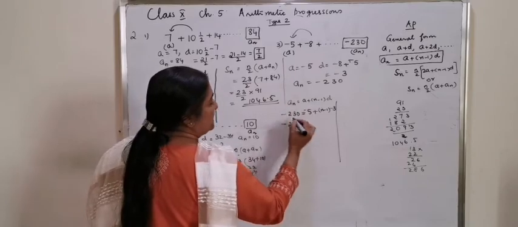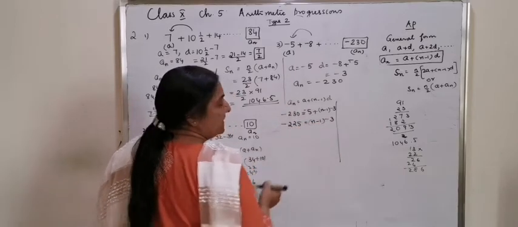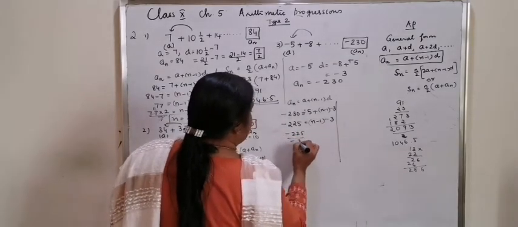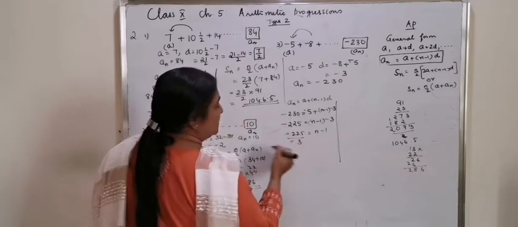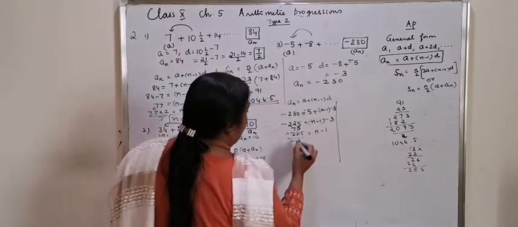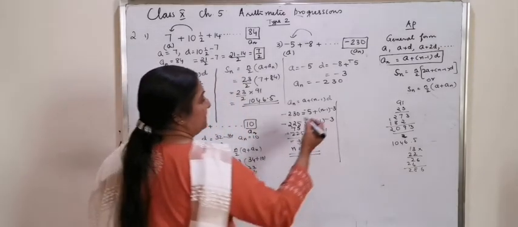Minus 230 plus 5 is minus 225, which is n minus 1 into minus 3. Minus 225 by minus 3 is equal to n minus 1. 3 7s are 21, 3 5s are 15, so n is equal to 76.